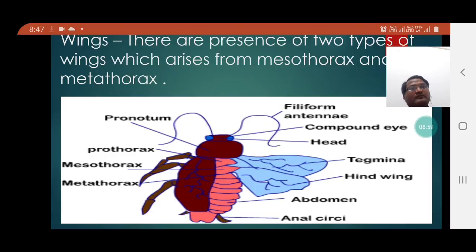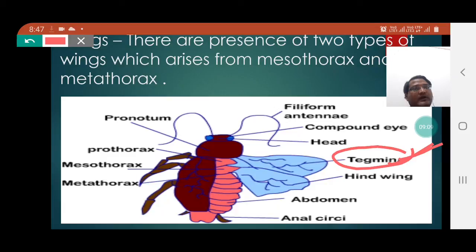The wing which originates from the mesothorax is called tegmina, and the wing which arises from the metathorax is called hindwings.